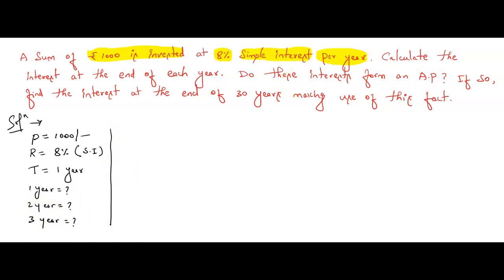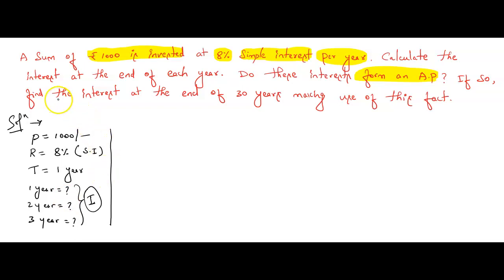Because of the question: do this interest form an AP? To check whether it is in AP or not, that is the reason I am calculating 3 years of interest. If we get at least a minimum of 3 terms, we can easily get to know whether they form an AP or not.